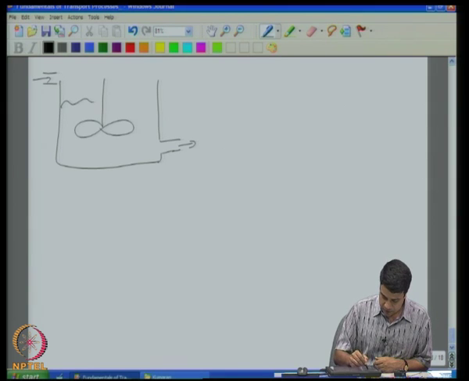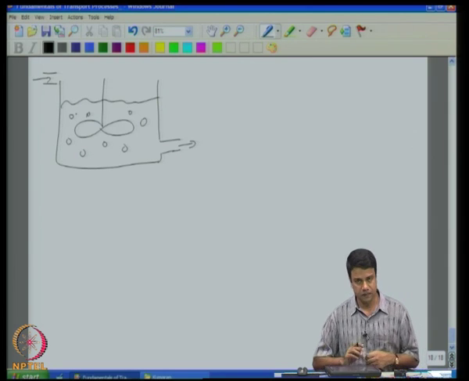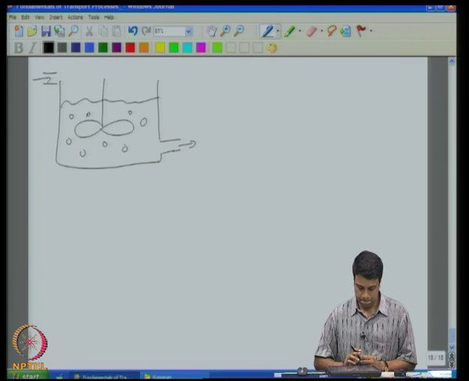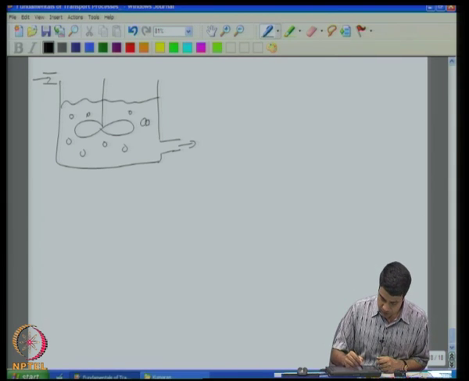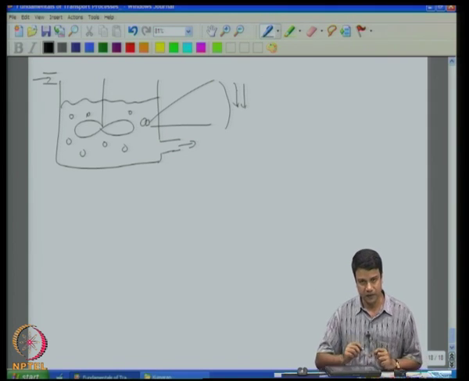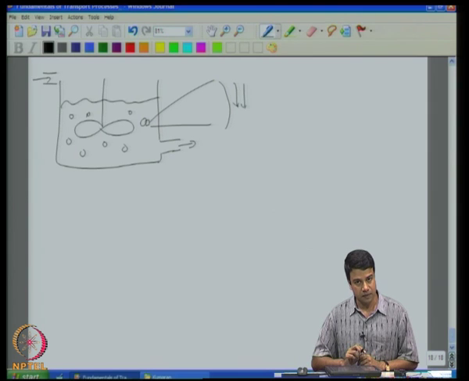If you recall, we had a reactor in which there were catalyst pellets and the reaction was taking place on the surface of the catalyst pellet. Now, we said it is important to focus on a small area very near the catalyst surface where the transport is actually taking place, and it is taking place by a combination of convection and diffusion.